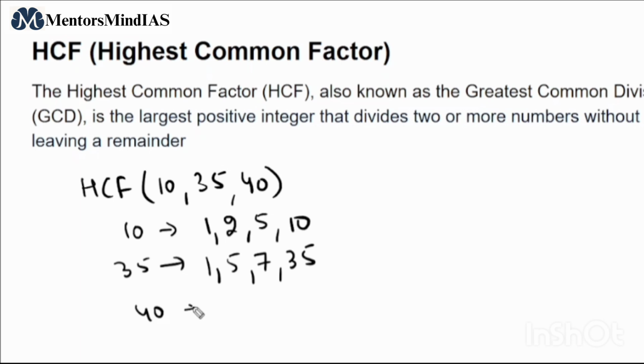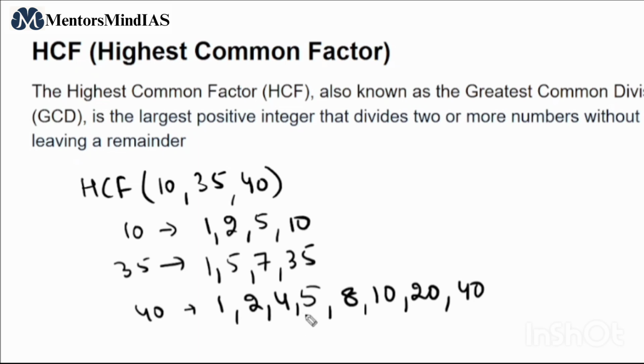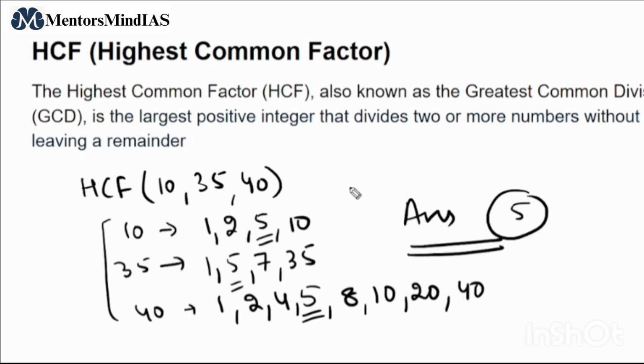For 40: 1, 2, 4, 5, 8, 10, 20, 40. So the highest common factor that divides all three of them is 5. That's your answer. HCF of 10, 35, 40 is 5.